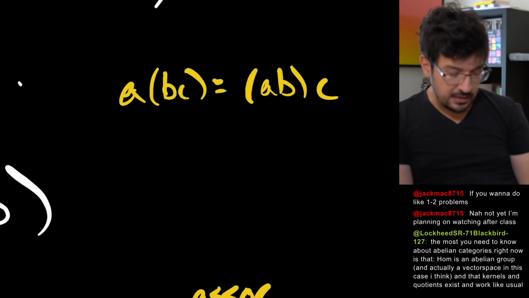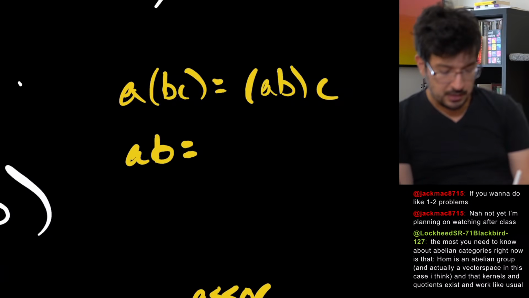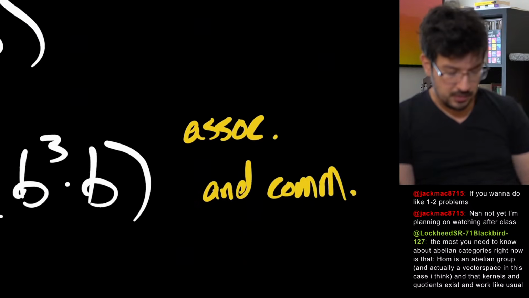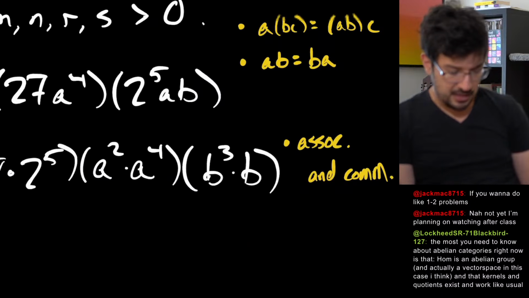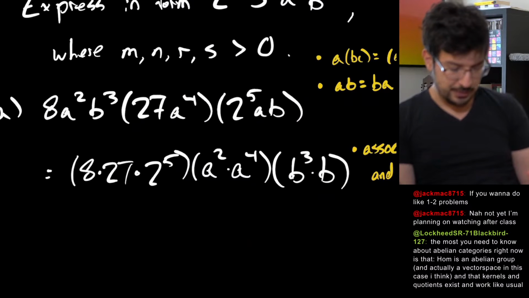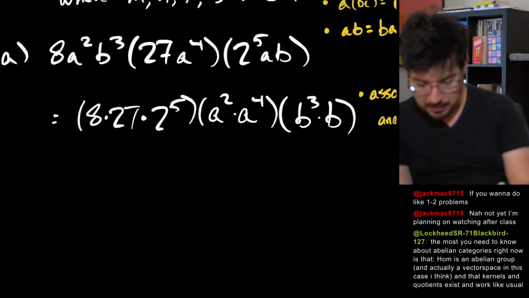And then in the real numbers, in the numbers that we're working with, multiplication is commutative. So the first part was associativity, and then the second part is commutativity. And I use both of those repeatedly to rewrite all of the numbers on the left, and then all the variables a, and then all the variables b multiplied.